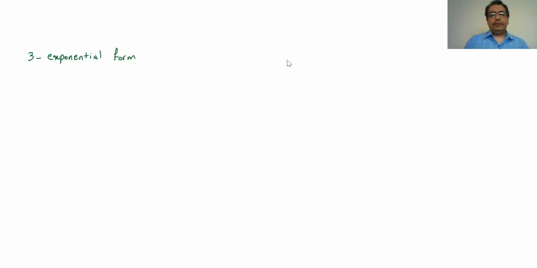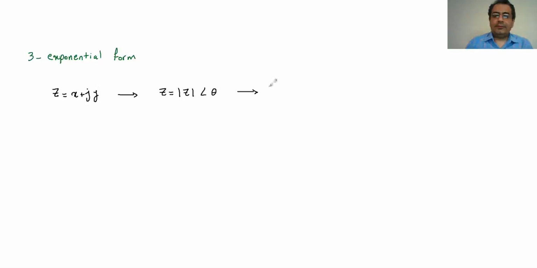So in the rectangular format, z is x plus jy, and then we have the polar format, z as the magnitude of z with angle of theta. So the rectangular is polar.